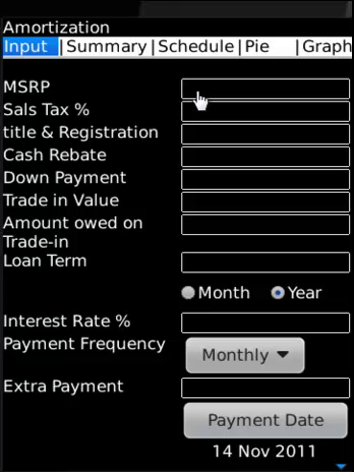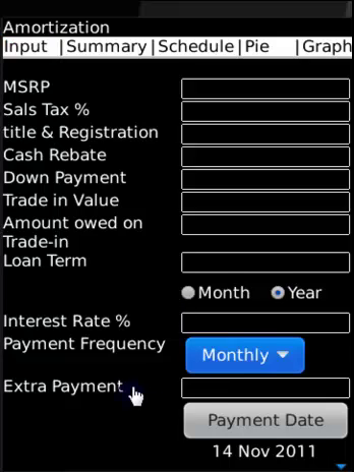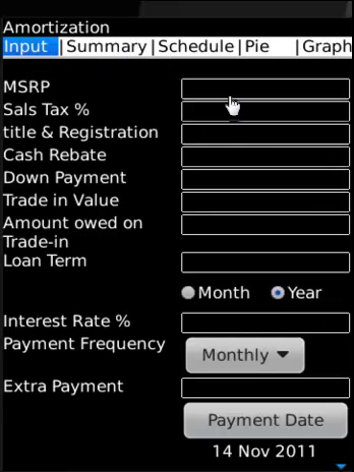So we enter the various parameters: MSRP, manufacturer's suggested retail price, sales tax, cash rebate, down payment, trade-in value, amount owed on trade-in, loan term, month, year, interest rate, paid frequency, and extra payment. So now, okay, we'll just do a quick calculation.